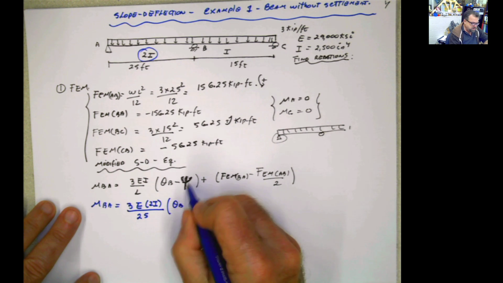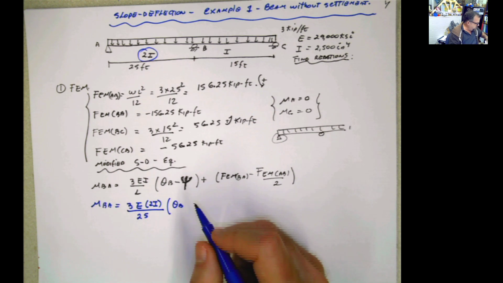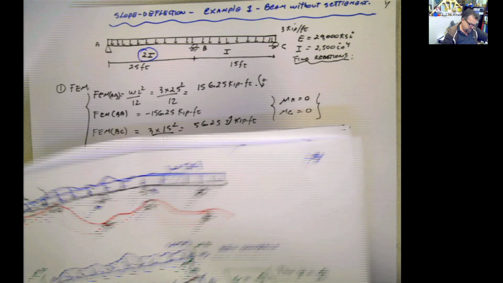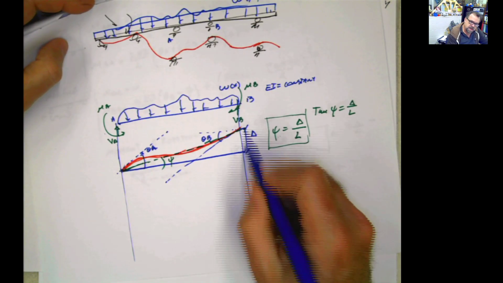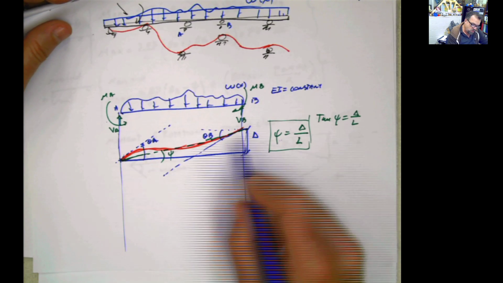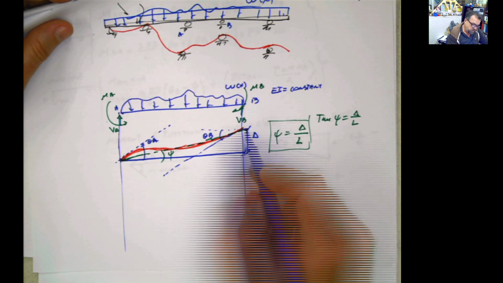And remember what this is. When I explained the derivation of this method, I showed you that this value is the angle produced by the displacement of the chord due to a relative displacement between both points.